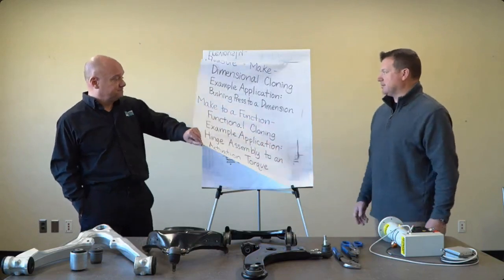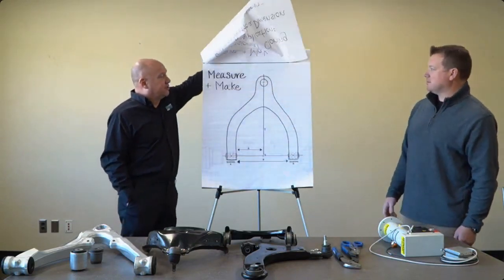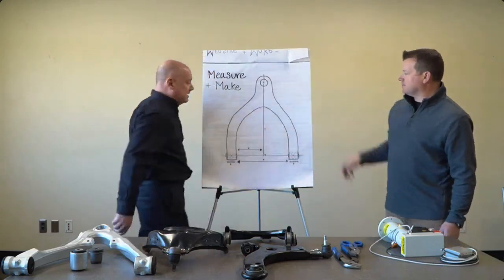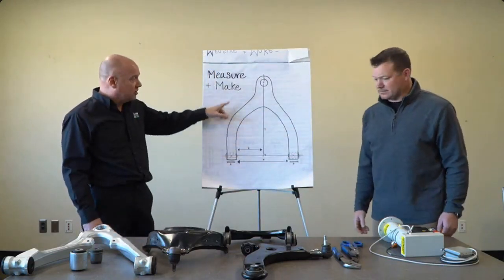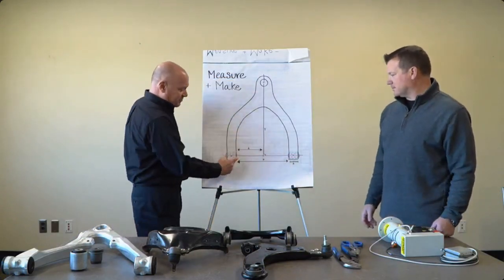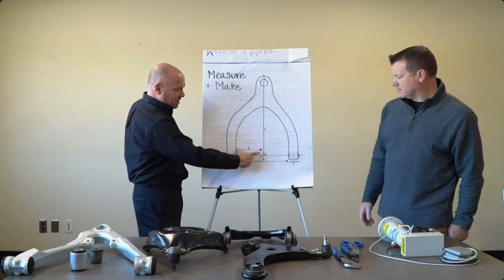Each time, yep. And so the first example is pressing the bushings into a control arm. This drawing here shows the critical dimension. First is bushing A has to be pressed to a dimension.